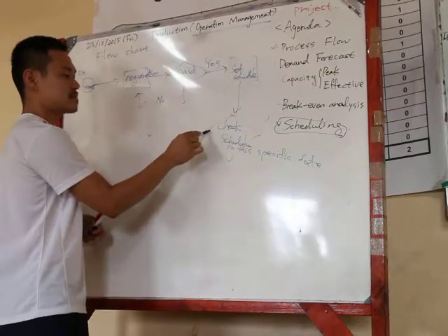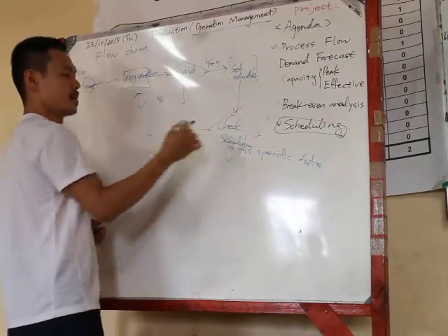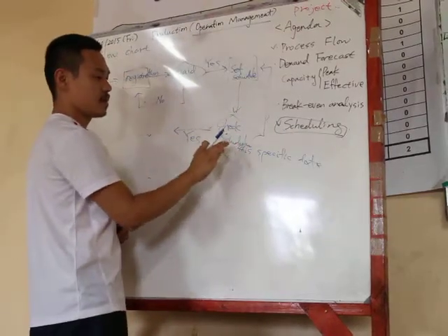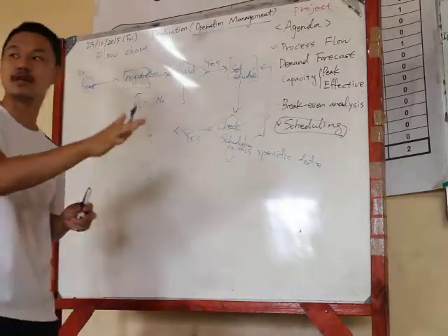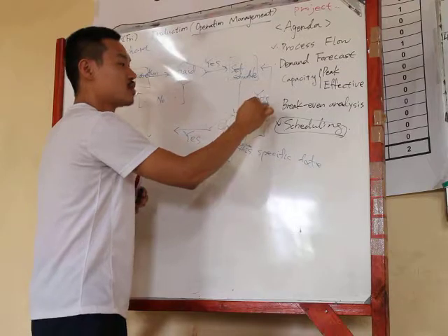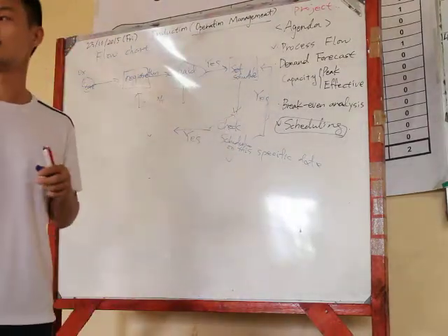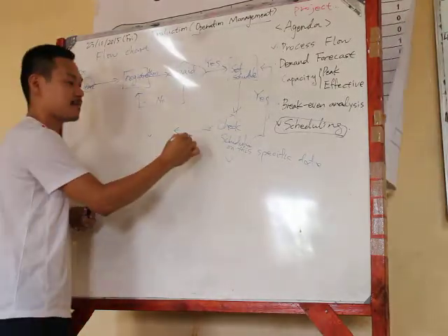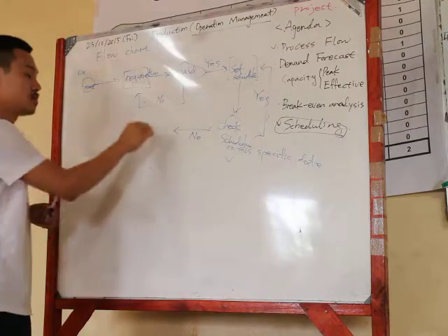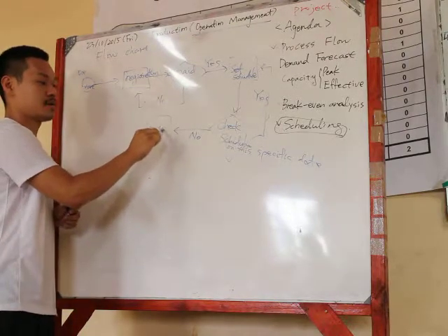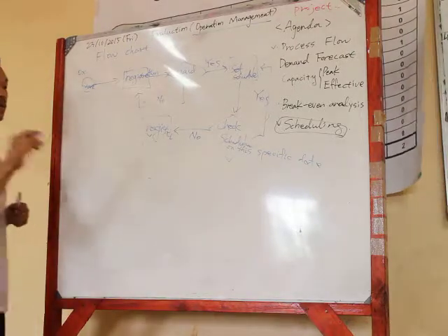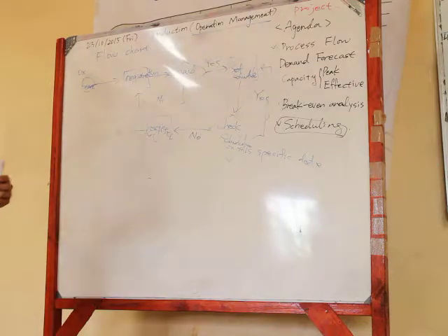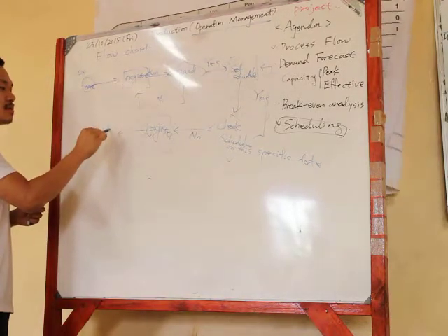If yes, the date is already set by somebody else, then you ask him again to choose another date. If this specific date is not taken by somebody else, then you register it, and then you inform, let's say, Hudson.